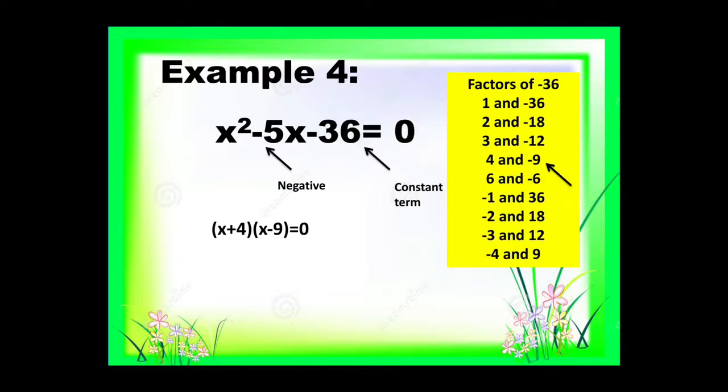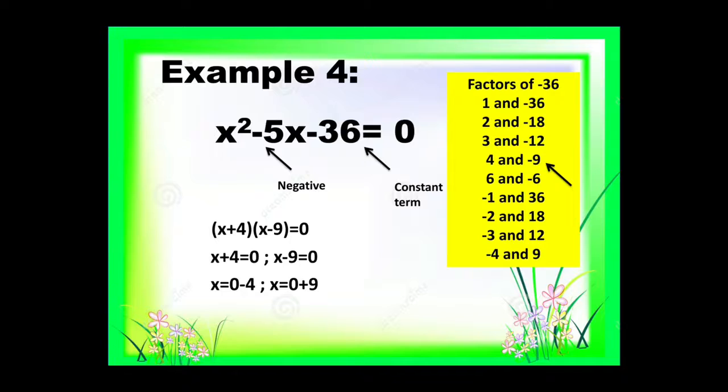So we have the quantity of x plus 4 times the quantity of x minus 9 is equal to 0. We are going to equate these two factors to 0. So we will have x plus 4 is equal to 0, and the other one is x minus 9 is equal to 0. Transpose positive 4 and negative 9 on the other side.